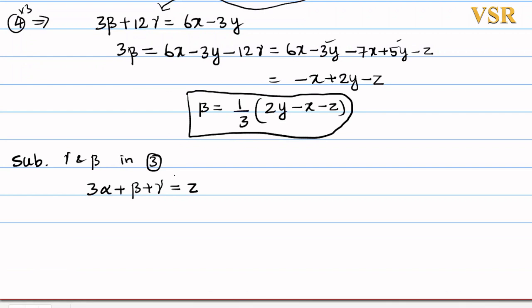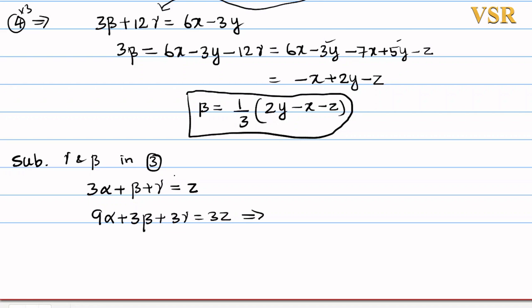So this implies, shall we have a common multiple? So multiply this equation by 3 or something. So 9 alpha plus 3 beta plus 3 gamma, which is equal to 3z.